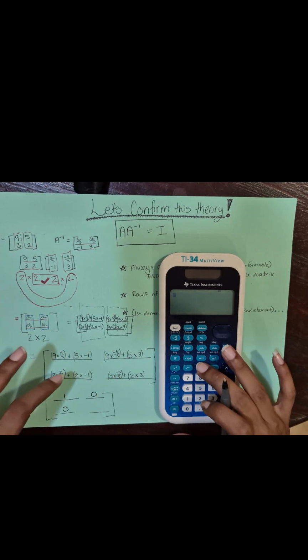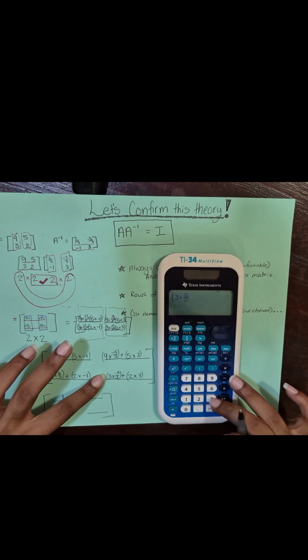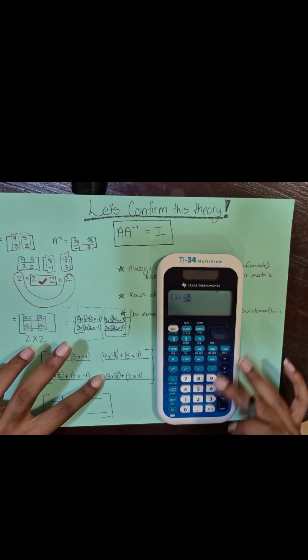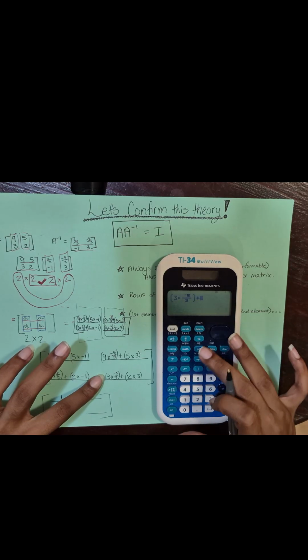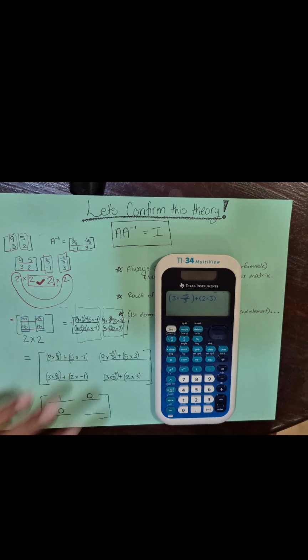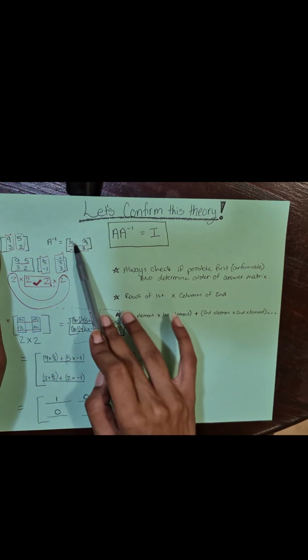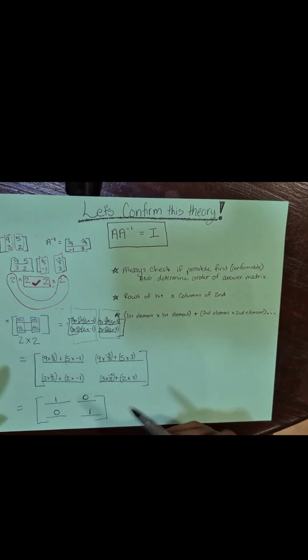And last element, 3 times -5 over 3 plus 2 times 3. Do not forget to add, and it's 1. And we'll see here that we did in fact get the identity matrix. So we multiplied A times its inverse, and we ended up with the identity matrix.